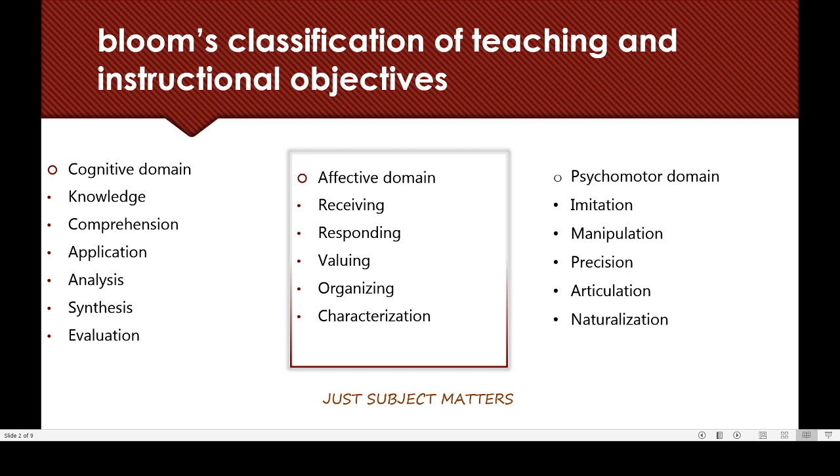Analyzing is separating material and concepts into component parts so that the organizational structure is easy to understand. Evaluating is making judgments about the value of ideas or materials. And creating is building a structure or pattern from diverse elements. All these put together form the newly framed Bloom's taxonomy given by the students.